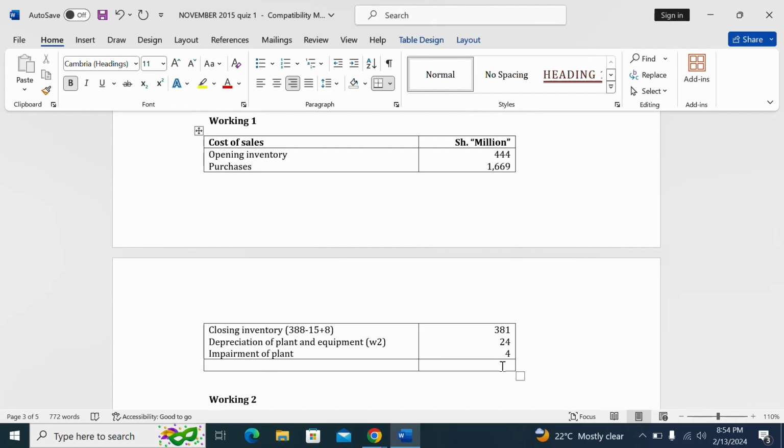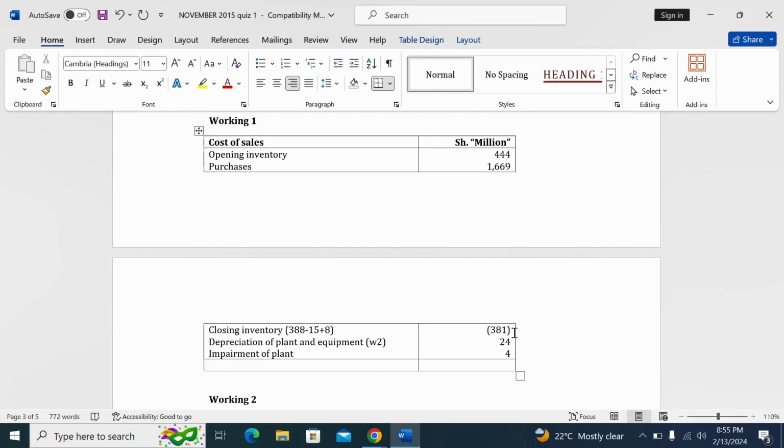That is 444 plus 1669 minus 381, because you usually deduct the closing inventory in your cost of sale, plus 24 plus 4.